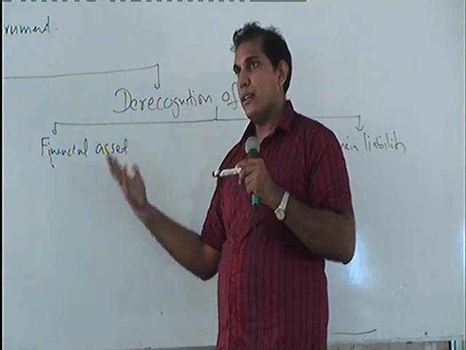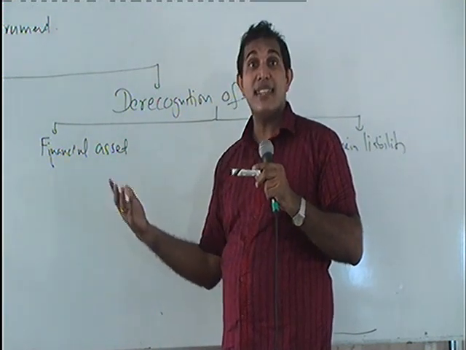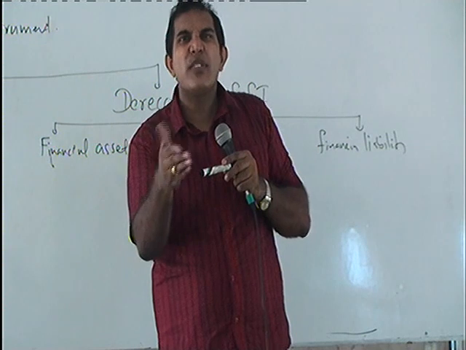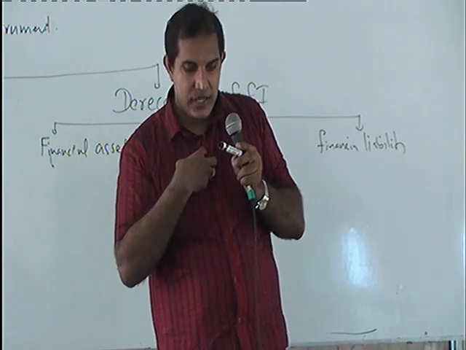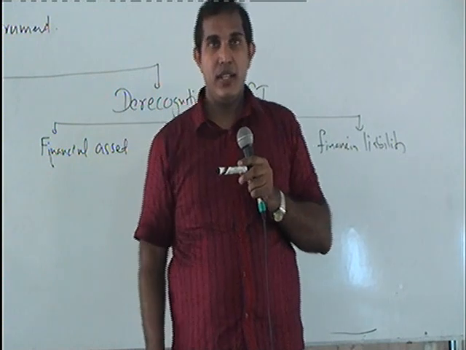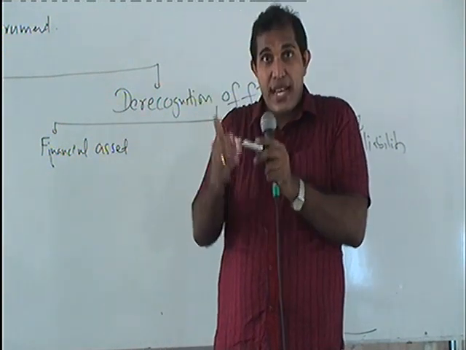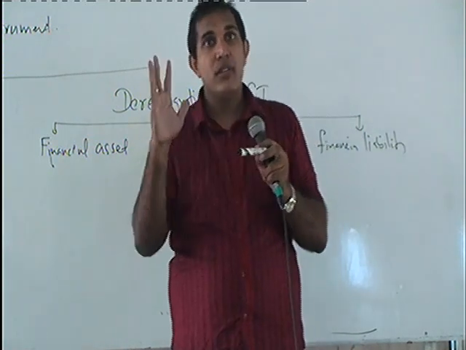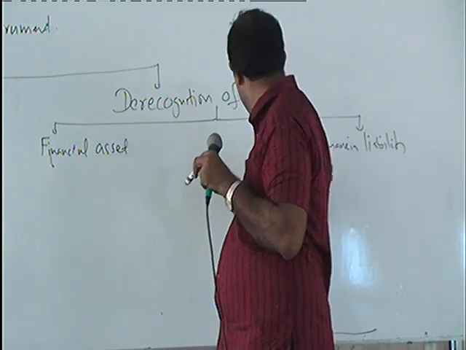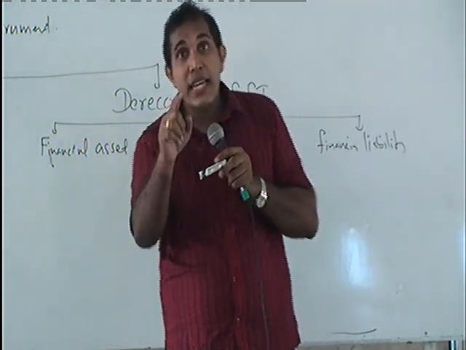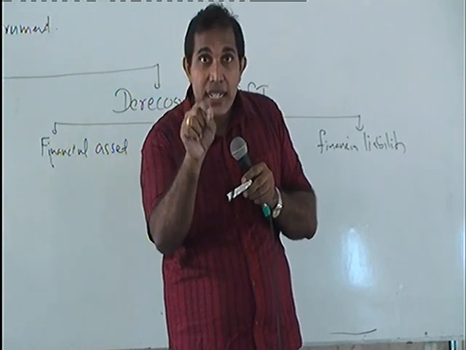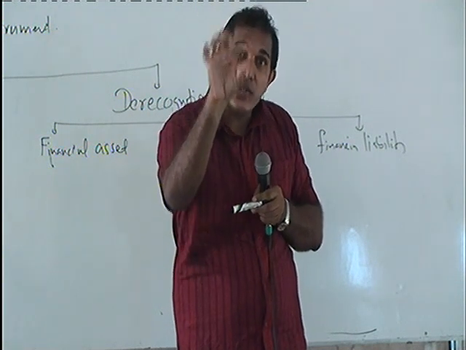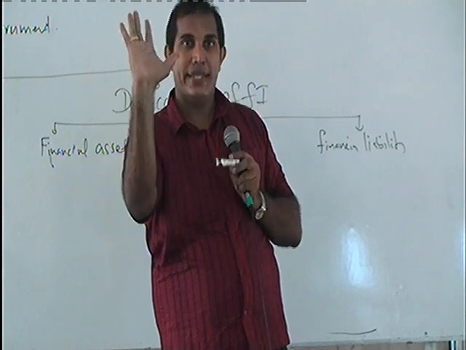Another one: if a financial asset can be transferred. In simple terms, selling. We are the holder, we can sell it outside. If we are going to transfer the financial asset, then we need to derecognize. In that case, we should check whether the risk and rewards of the financial asset are transferred from seller to buyer.